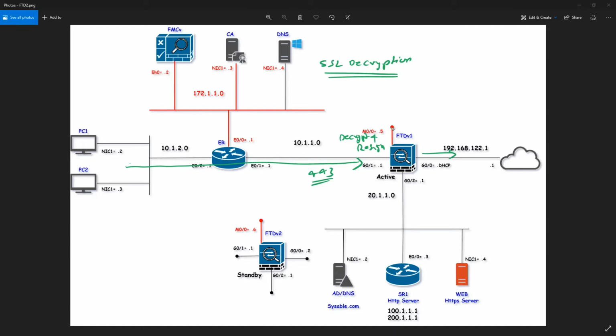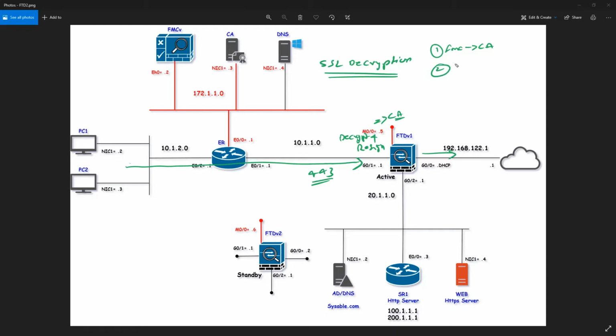Now here there is a certificate being used, that is a CA certificate. We have three options. The first option is to implement the FMC as a certificate authority.